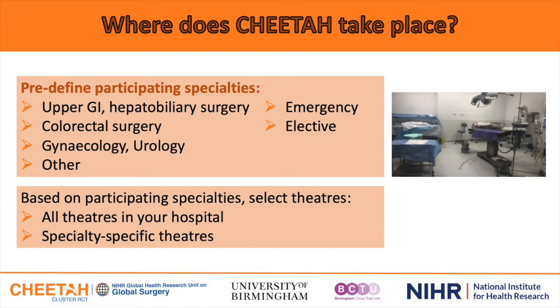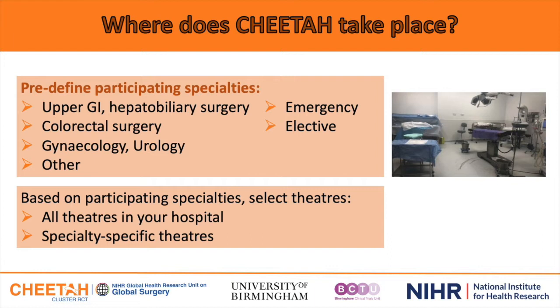So the first step is to think about which specialties are going to participate in your hospital. This could include upper gastrointestinal and hepatobiliary surgery, colorectal surgery, gynecology, urology, and perhaps some other specialties. And both emergency and elective patients could be included.